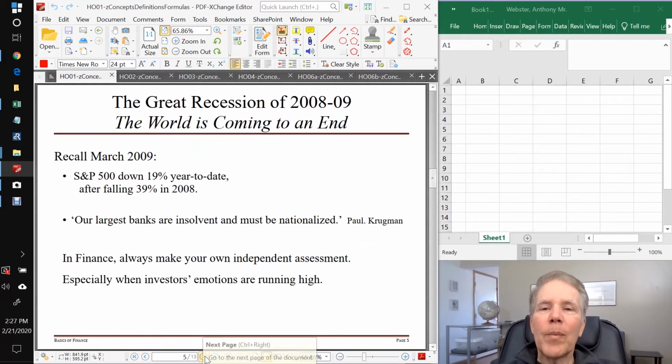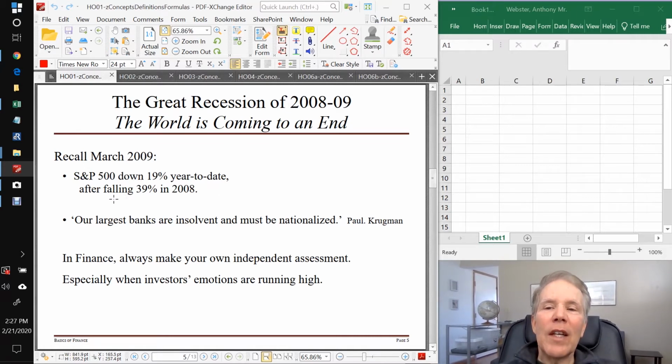We have looked several times at the Great Recession, and we will continue to throughout the term. So it's good to know the key points. March of 2009 was about the nadir of the Great Recession, although of course we didn't know it at the time.